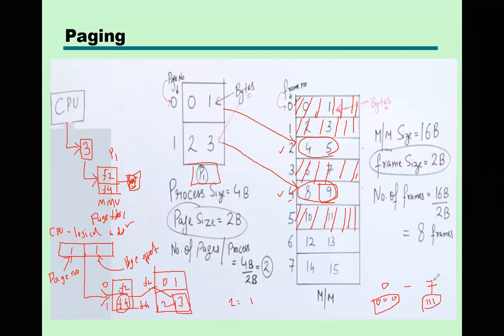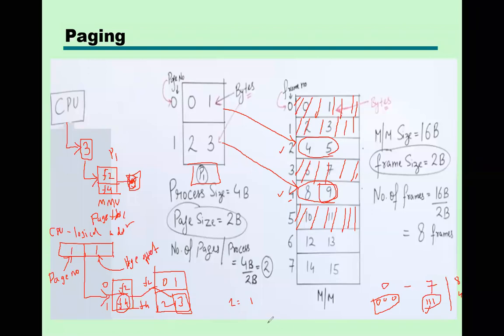If there is 8, how many bits are required? 4 bits. But for 7, 3 bits are required, right? Similarly, if it is 16 bytes, then 4 bits are required, right? So here 7 frames are there, which start from 0 to 7.